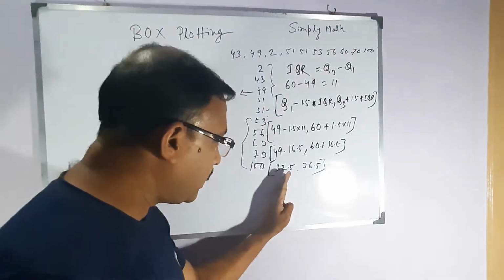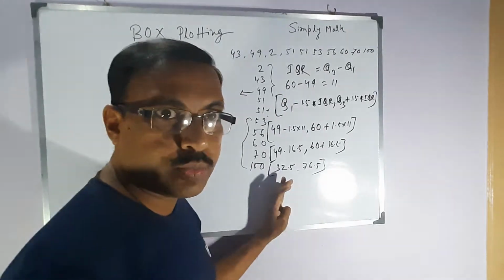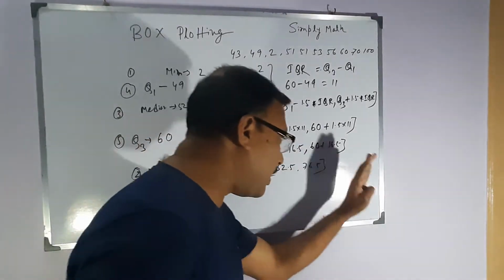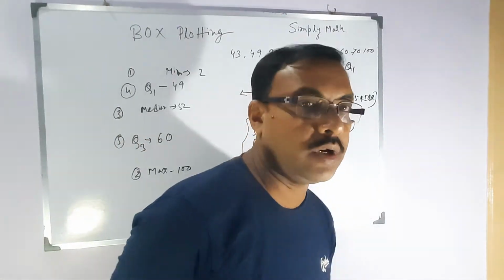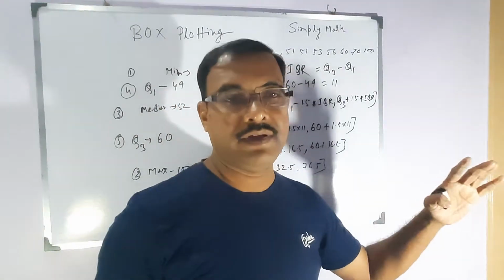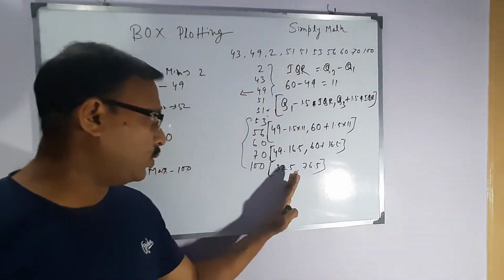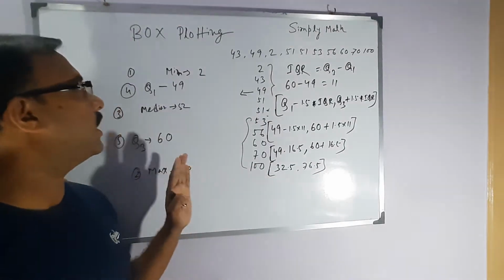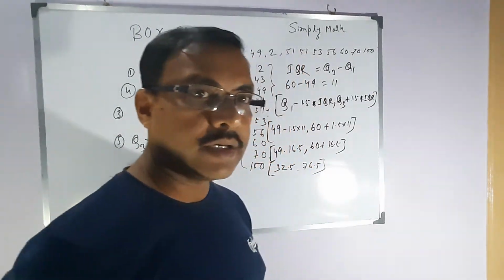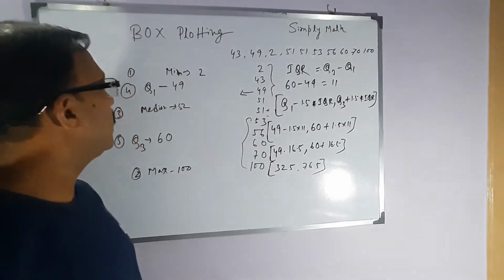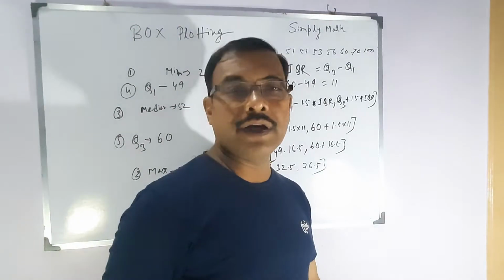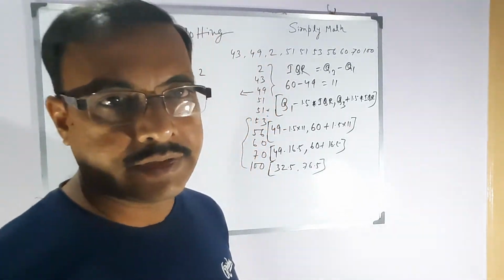So below 32.5 is my outlier and above 76.5 is my outlier. If in my data set any value is below this 32.5, this is my outlier, and above my 76.5 is outlier, right? Clear? No confusion. Now we just put it in a graphical manner.